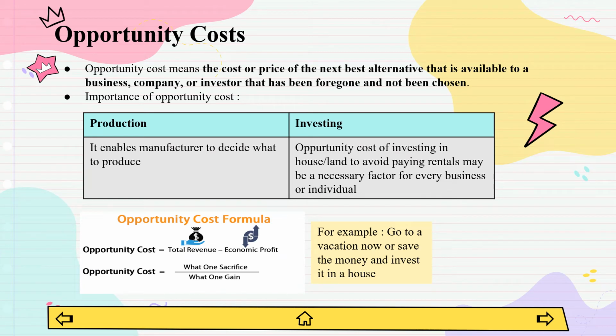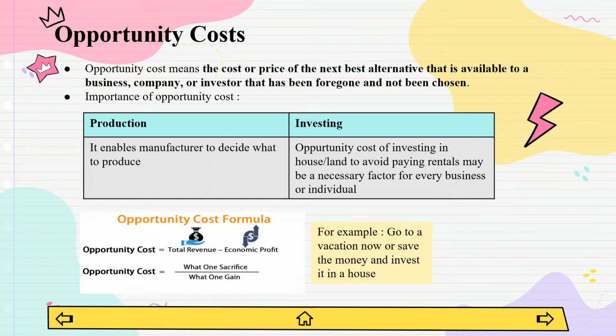What is opportunity cost? Opportunity cost means the cost or price of the next best alternative that is available to a business, company or investor that has been foregone and not been chosen. Importance of opportunity cost. The first one is production. It enables the manufacturer to decide what to produce.